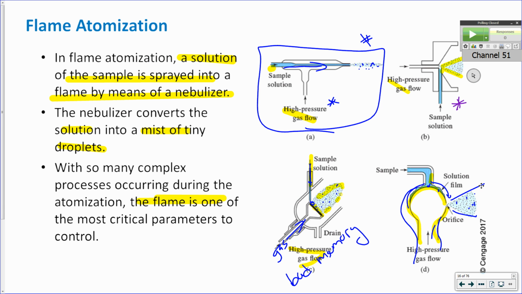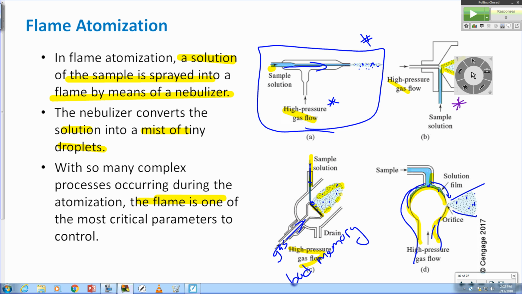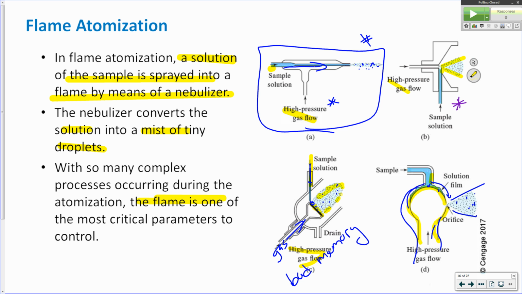So the last thing that we talked about were the sources where the nebulizers were created and flame atomization. The one that's similar to what we have is this one at the top left. This design is just a high pressure gas flow.